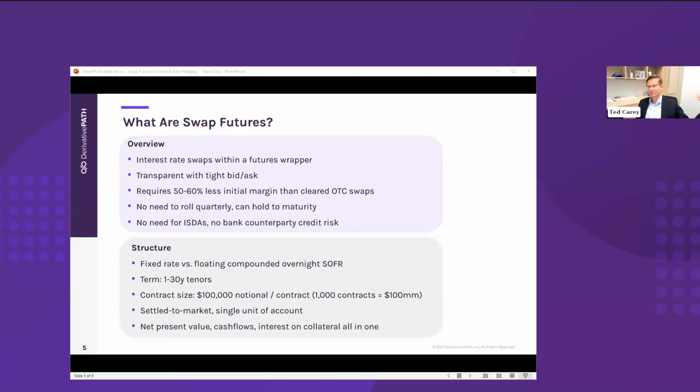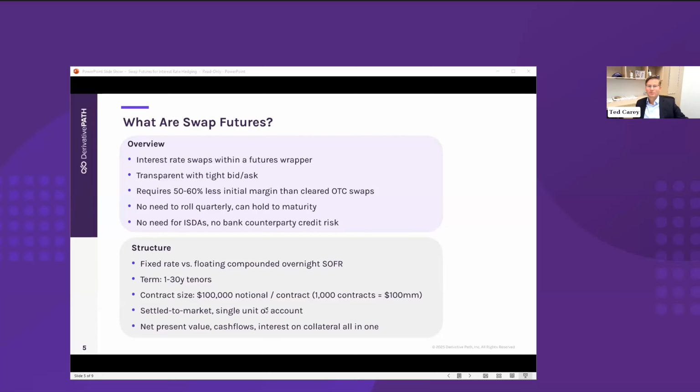For example, you could put on a 5-year Eris SOFR contract today and hold it all the way until maturity, 5 years forward, with the cash flows, i.e. the fixed and floating payments, getting accrued over that time each quarter. And this helps make it much more effective for hedge accounting applications.